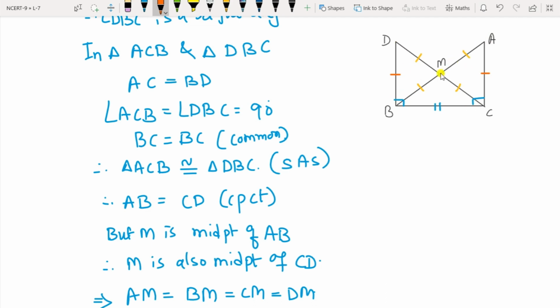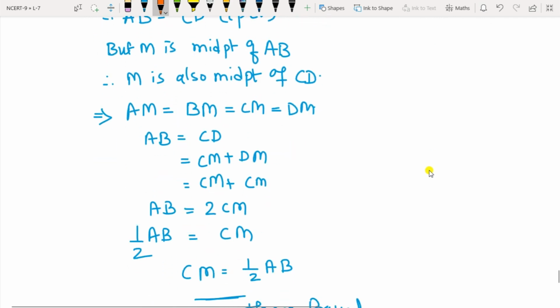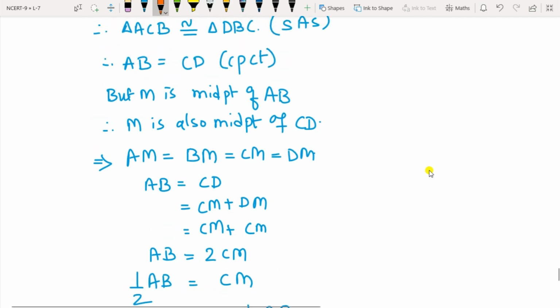But M is the midpoint of AB, therefore M will also be the midpoint of CD here. And therefore you have to take AB equal to CD, split CD into two parts, that is CM and MD, but in place of MD you can write CM, it becomes 2 times CM, and take the 2 on the other side of AB, so it becomes CM equal to half of AB. So this was all about your exercise 7.1.